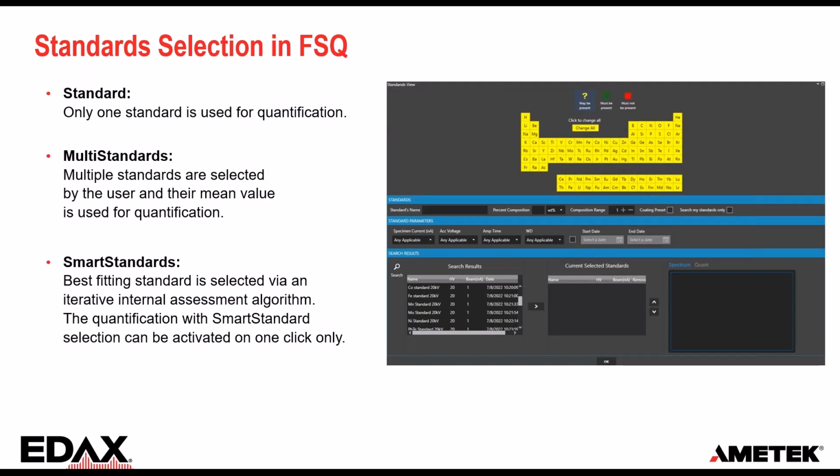So there are multiple ways to filter out the desired standards. But as I've shown you, I tend to select all of them in smart standard and just let the software decide what it thinks is the best. And then I can quickly check the applied standard for each element.